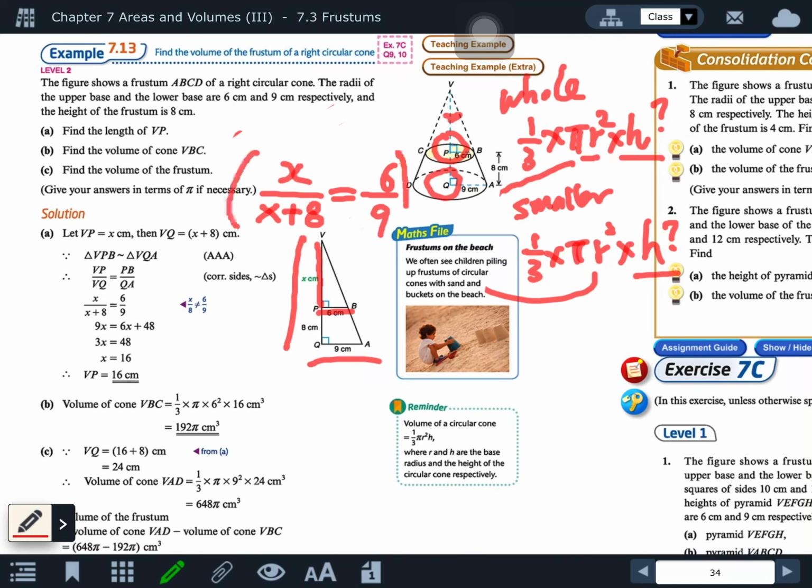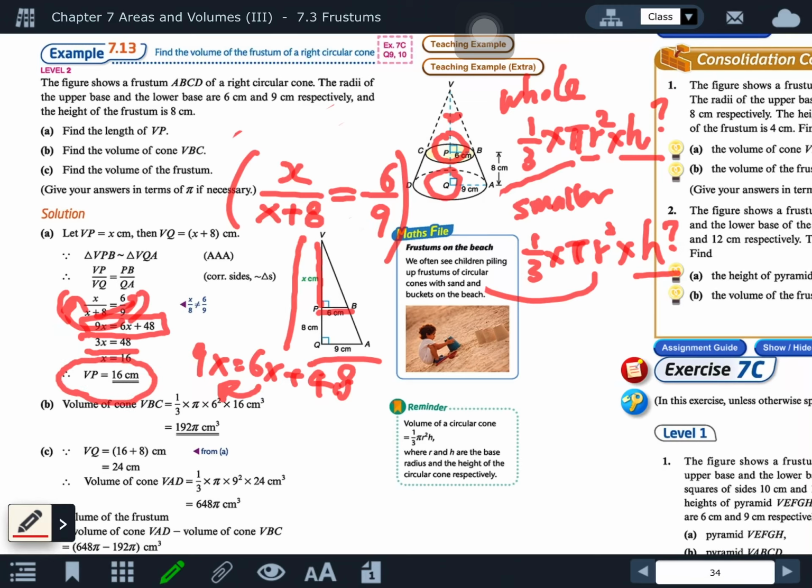Okay, that's why we need to use a similar triangle, because we want to find the equation, the relationship like this. Therefore we have this formula, and then we multiply to the other side. So 9x equals 6x plus 48, and then we move the 6x to the other side, we get 3x equals 48, and x is equal to 16.